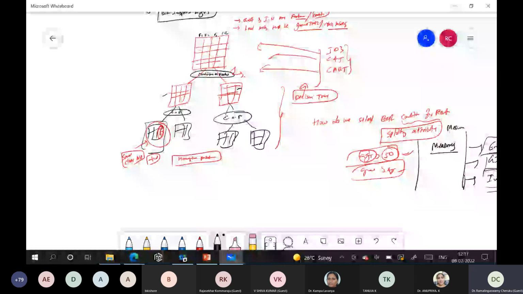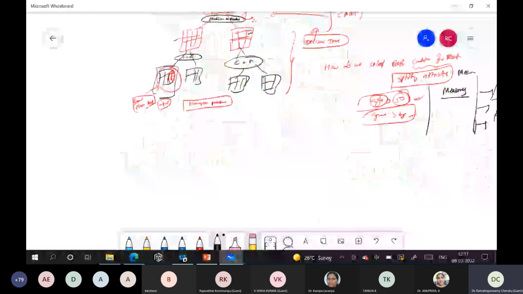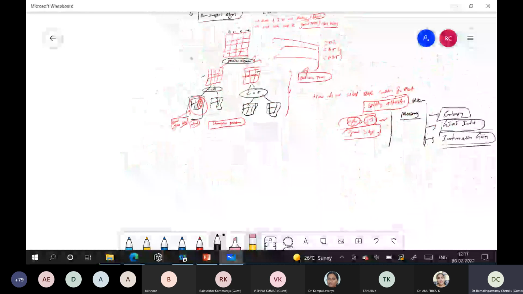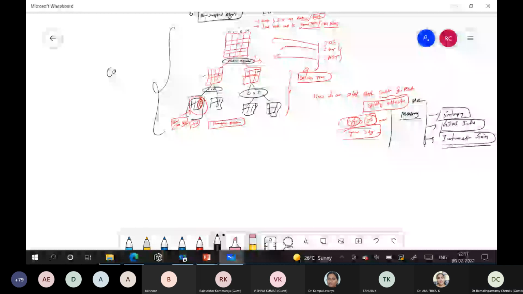So we have seen how the rules are generated with the help of a decision tree. Once you construct the decision tree, the rule generation process is easy: you just traverse from the root to the leaf node to generate the rules.